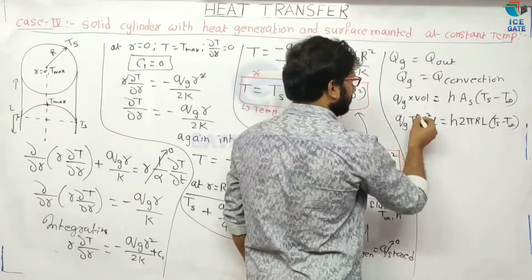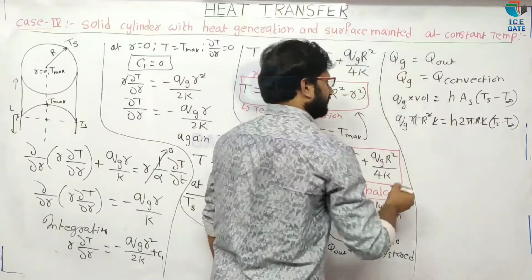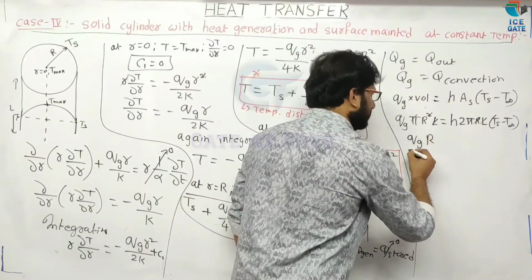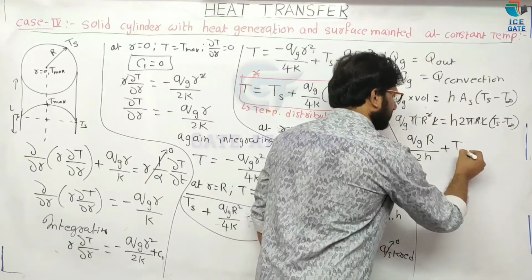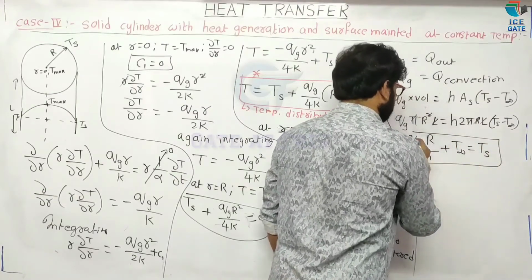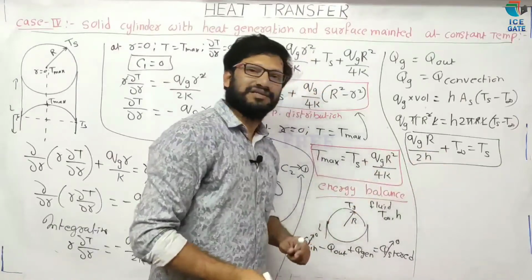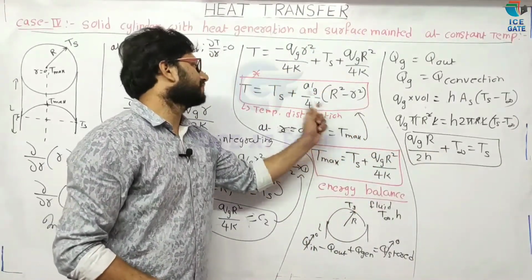Now, here pi r L cancel. Therefore, qg r divided by 2H plus T infinity is equal to Ts. Okay, this is the equation to find out surface temperature. Okay, you can substitute in temperature distribution function.